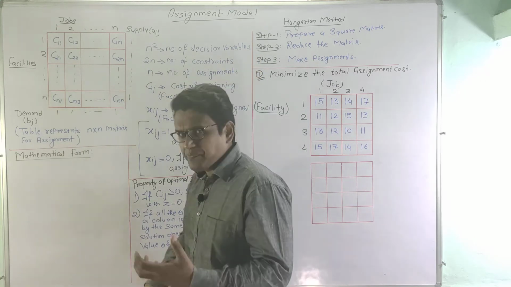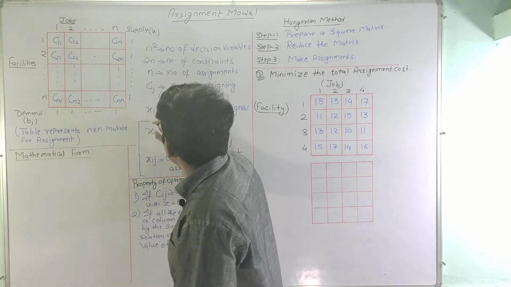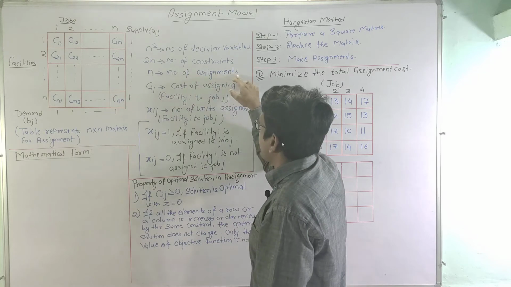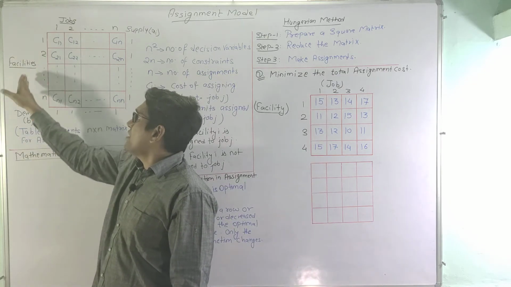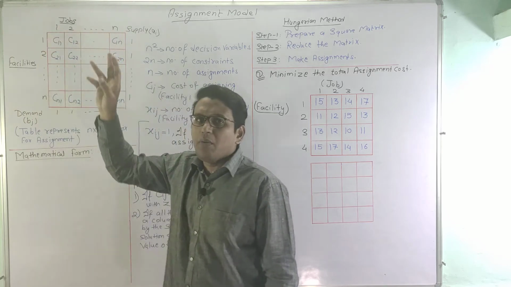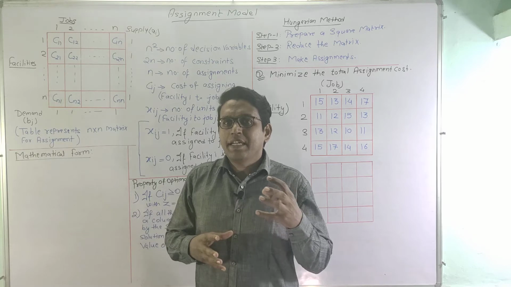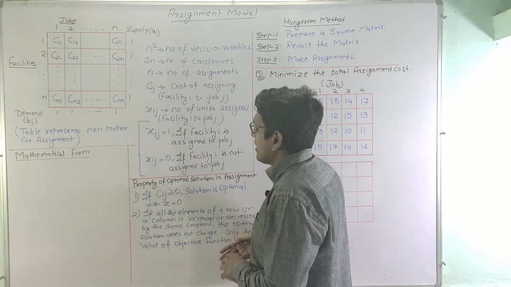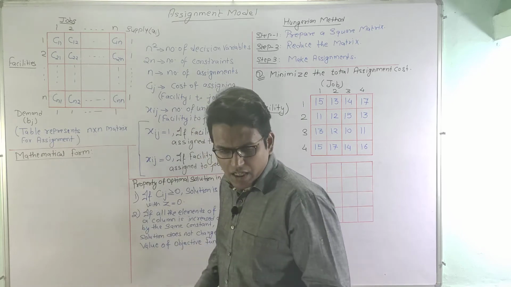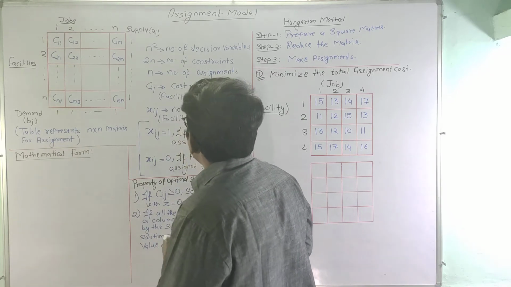We will see how the constraints are 2n, and n is the number of assignments. If we assign for each facility and each job, for an optimum assignment we need to have a total of n assignments.